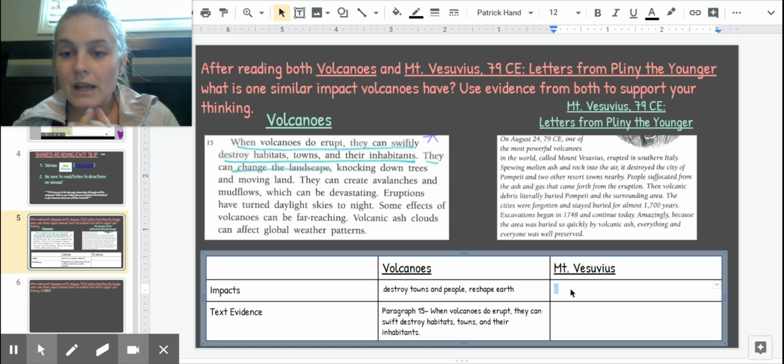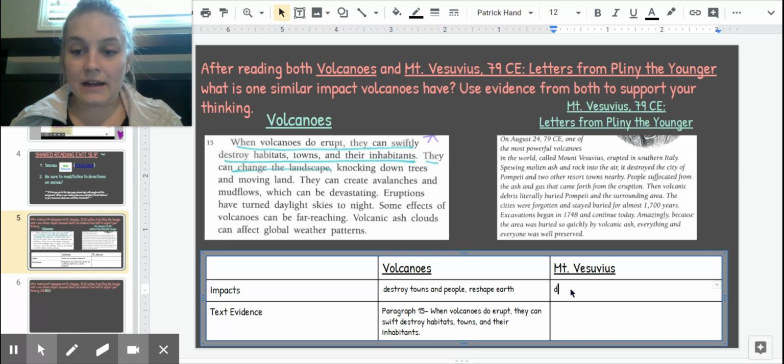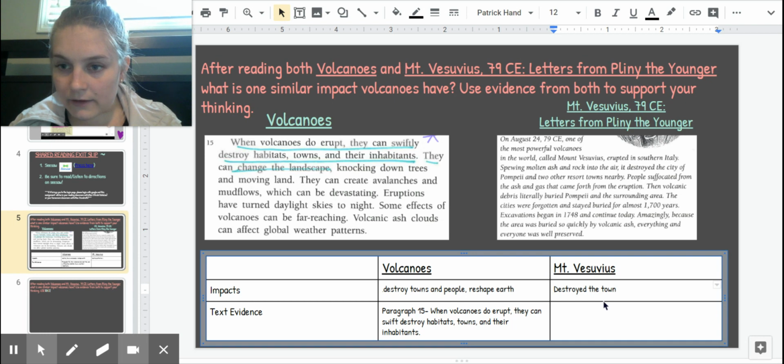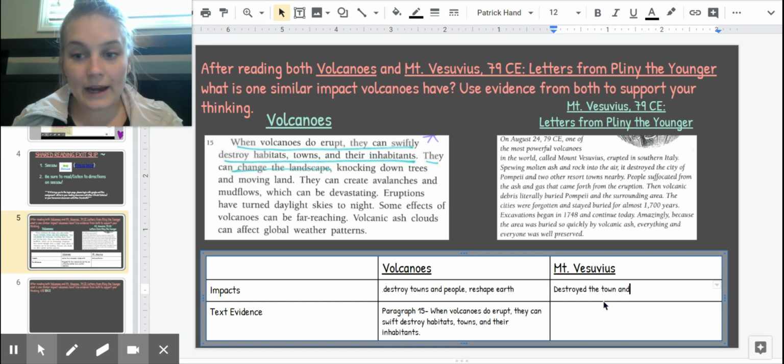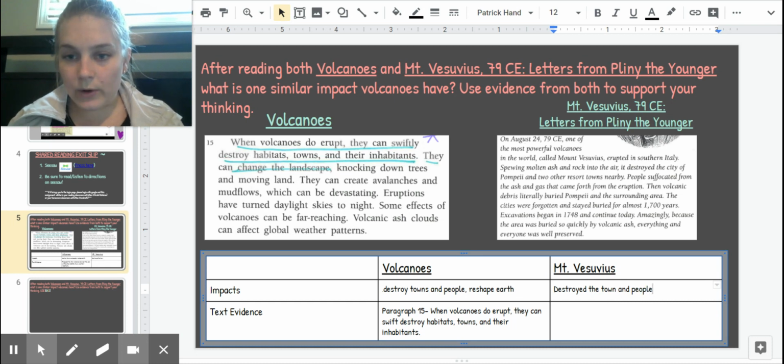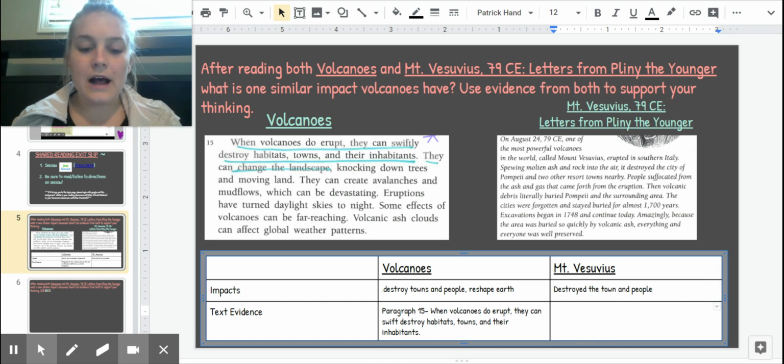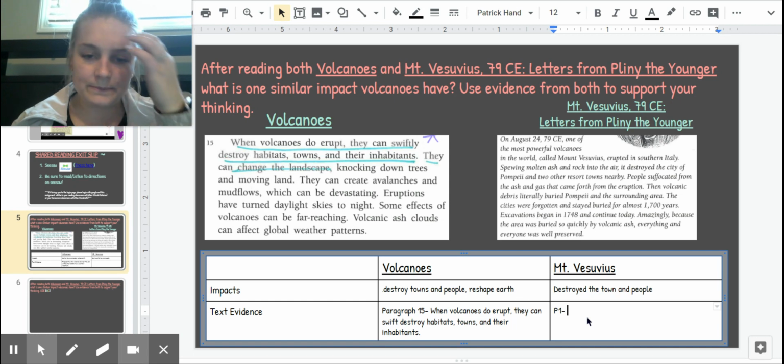So here it tells us that it destroyed the town. Right now I found my similarity. Destroyed the town. And it looks like it affected the town, and then it says people suffocated. So I can also put and people. Here, I'll just use paragraph 1 for the introduction.